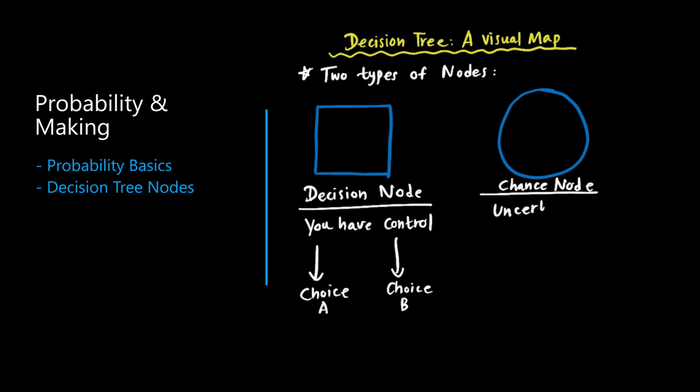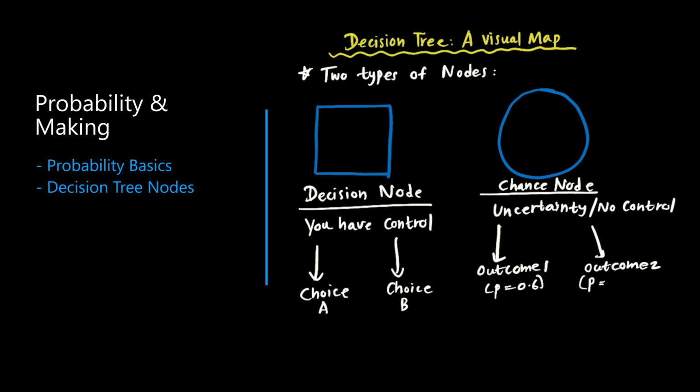Second, we have chance nodes, which we draw as circles. A chance node represents a point where uncertainty takes over. The lines coming out of a circle node represent the different possible outcomes. Crucially, each of these outcomes has a probability assigned to it, and all the probabilities from a single chance node must add up to 100%, or 1.0.